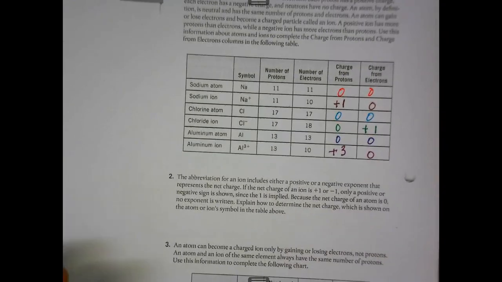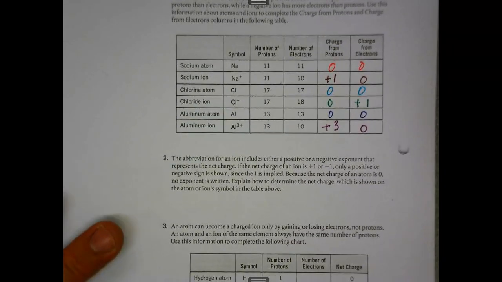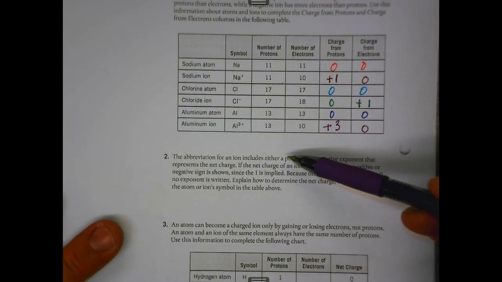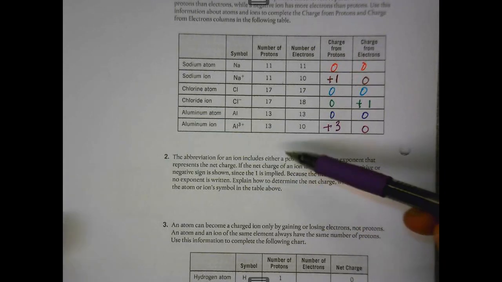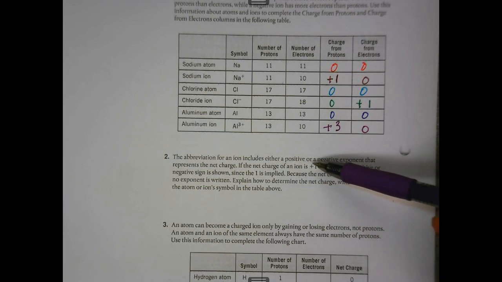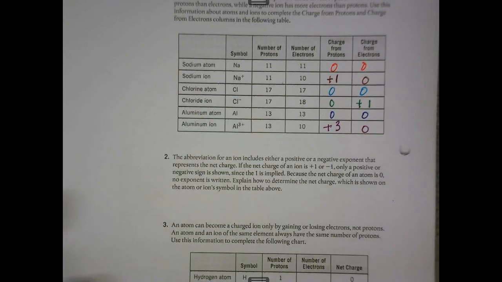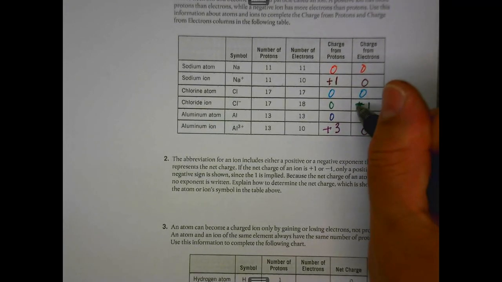Number two, the abbreviation for an ion includes either a positive or negative exponent that represents the net charge. If the net charge of an ion is +1 or -1, only a positive or negative sign is shown, since the 1 is implied. So this should have been a negative here up in our chart, -1.